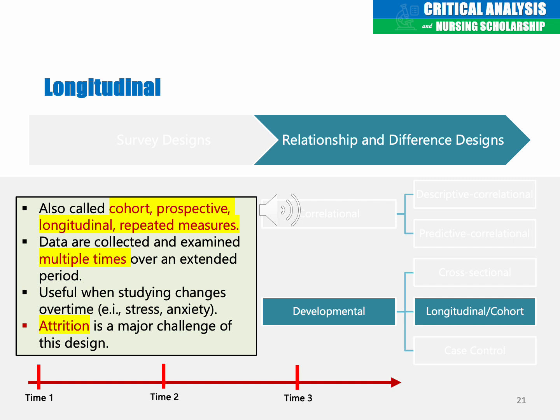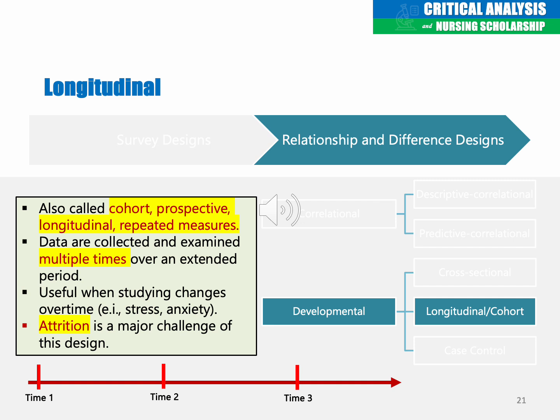In this type of research design, researchers collect data repeatedly at multiple time points. Now, I want you to look at the PowerPoint slide right now. In the lower part, you will see again a red arrow pointing in one direction, and notice time 1, time 2, and time 3, which means that in longitudinal research design, data is collected multiple times over an extended period.